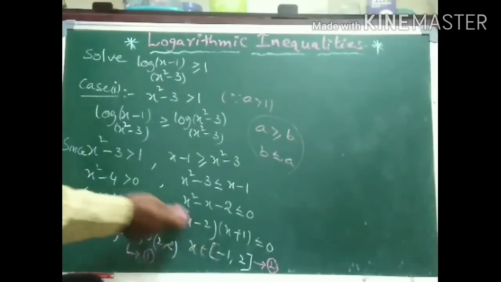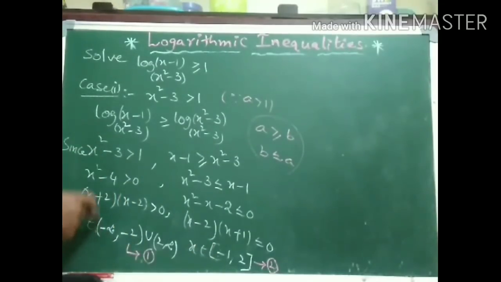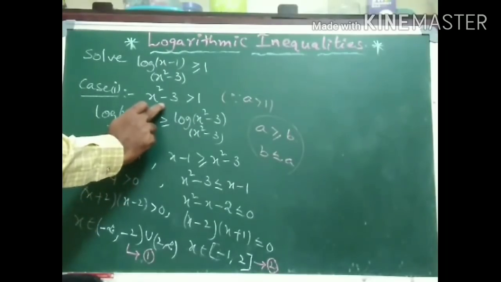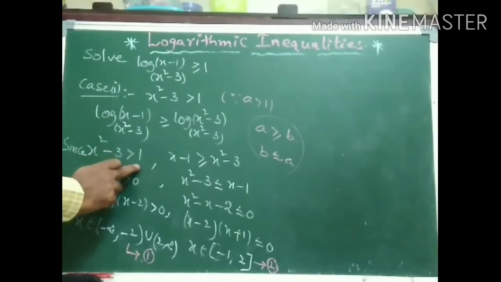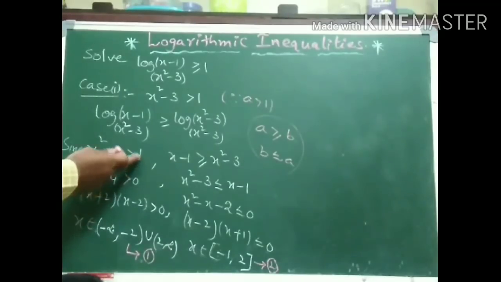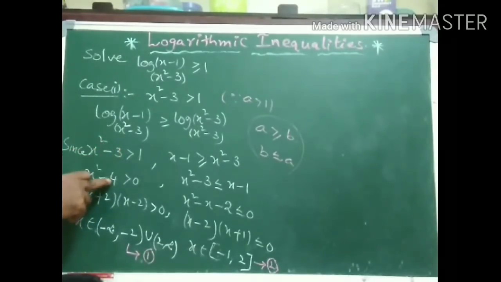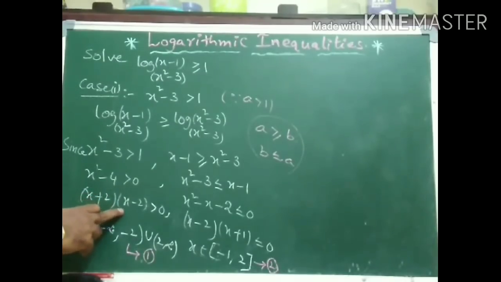Okay. And similarly please simplify this condition also. What is this condition now? This is the basic condition now, x square minus 3 greater than 1. So 1, if you bring this side, minus 3 and minus 1 becomes minus 4. So minus 4 I can write as 2 square. Hence this is in the form of a square minus b square, that I can write as (a plus b) into (a minus b) greater than 0.